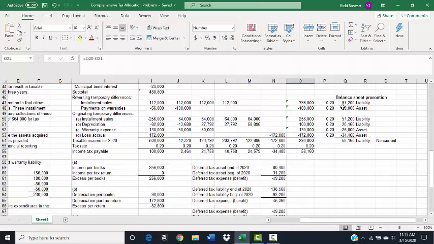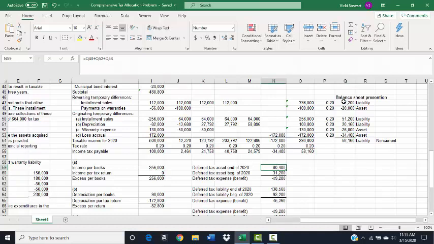We add up all of our assets. So we had a $20,000 deferred tax asset for the remaining amounts of warranties for 2019. We have more warranties, deferred tax asset for this year for the warranties for 2020, and then we have the loss accrual. So when we sum those three deferred tax assets at the end, we get $80,400.